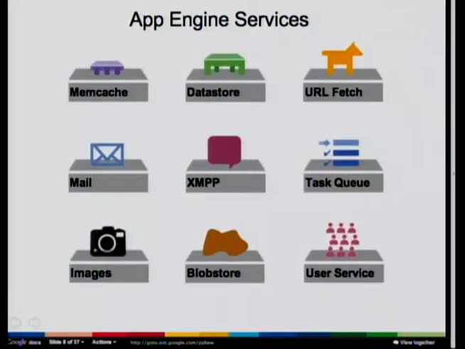There's also email support, XMPP for chat, and task queues, which we'll be talking about in more detail later, for doing offline processing, and so forth. Other easy to use, straightforward services. The goal of these services is to make these complex internal infrastructure services from Google very easy to use for an external developer.